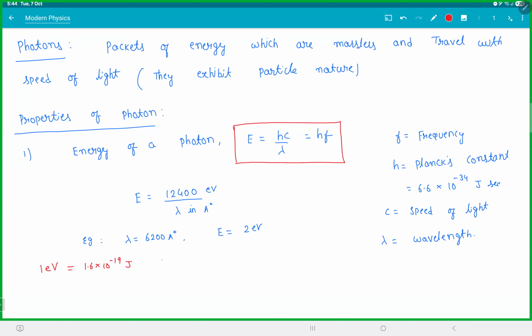So eV is simply the energy gained by an electron.